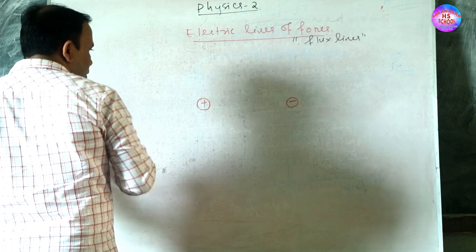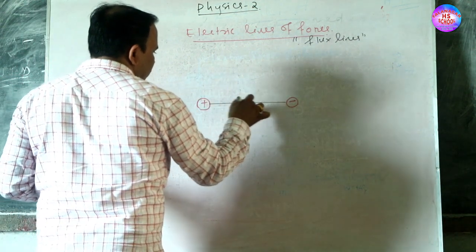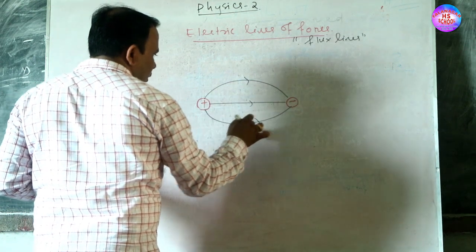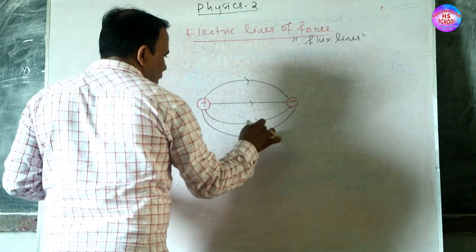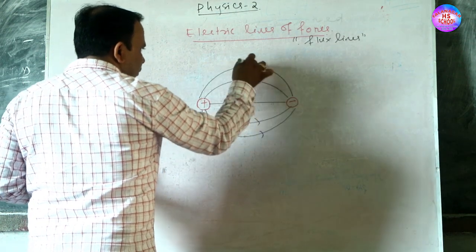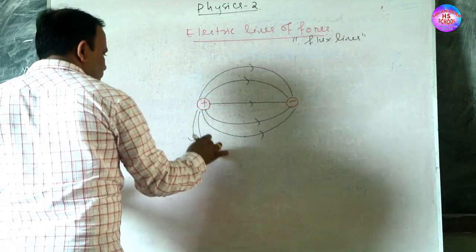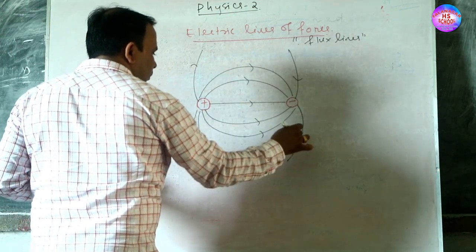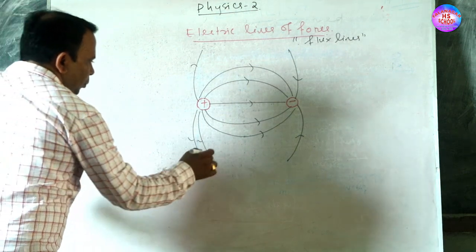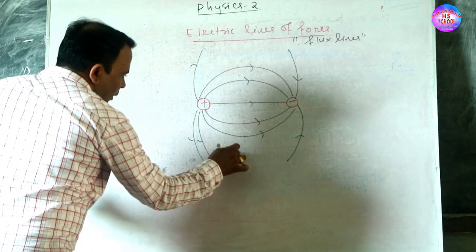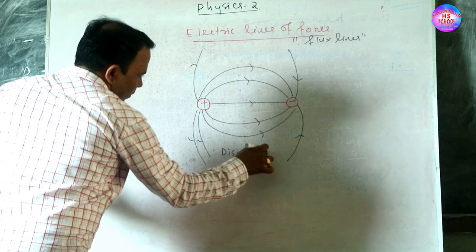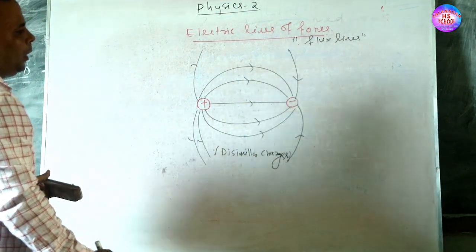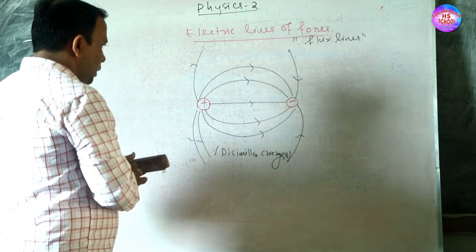Electric lines of force always start from the positive charge and go towards the negative. That is the pair of dissimilar charges. This is the representation of electric lines of force for a pair of dissimilar charges, or opposite charges.